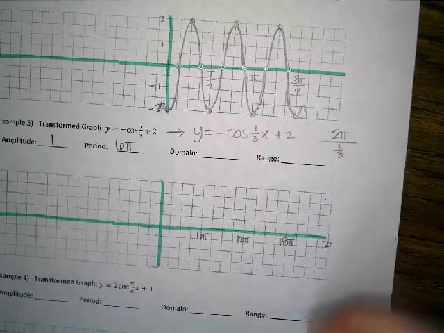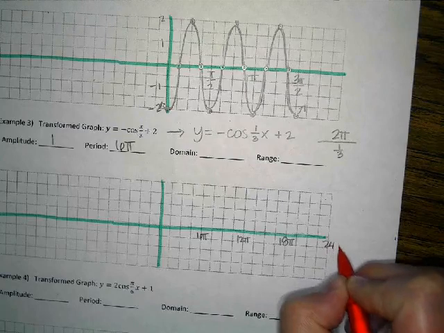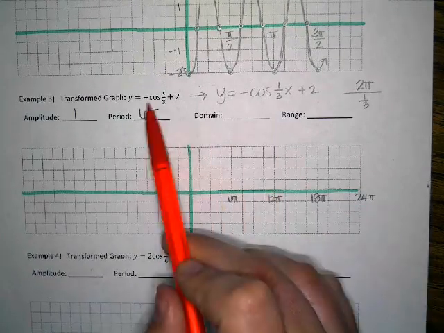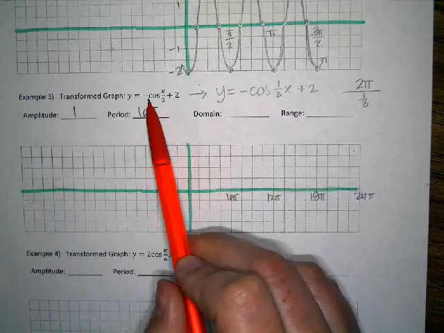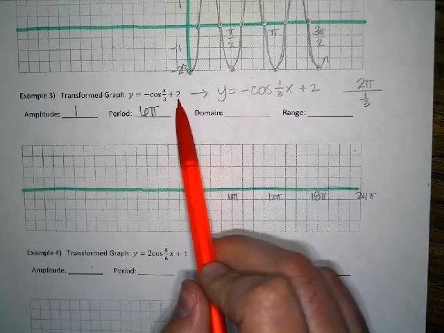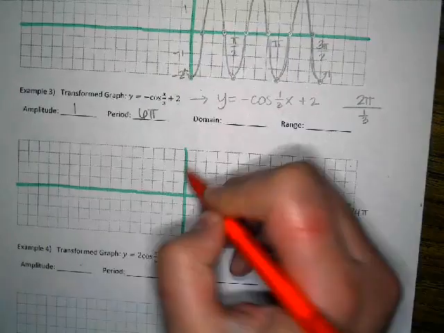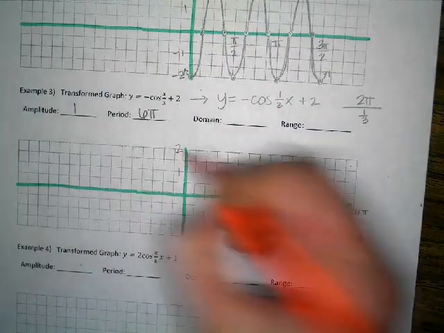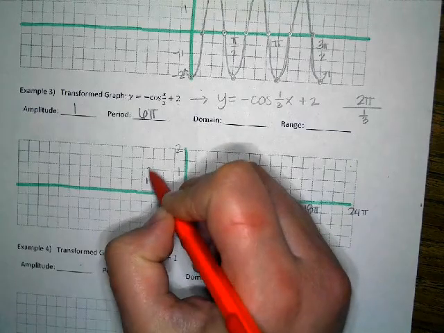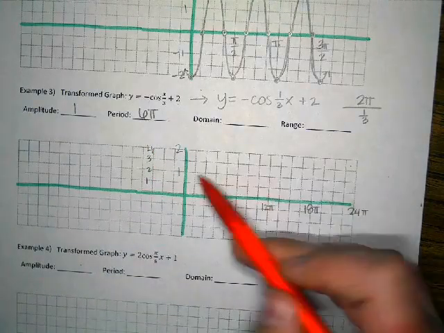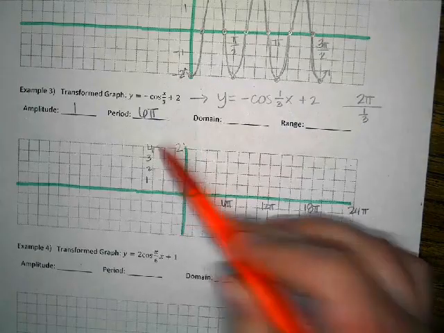Okay, so this one has an amplitude of 1, but the whole graph does shift up 2. So, are we going to do 1, 2, or are we going to do 1, 2, 3, 4? Now, if we do 1, 2, what's going to happen?